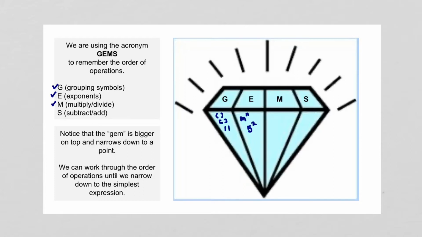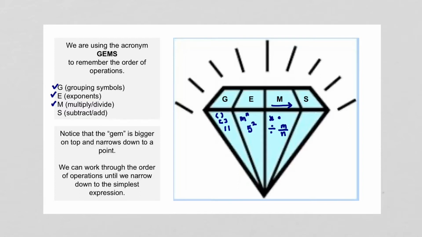Then we'll be working on multiplication and division from left to right. So multiplication might be shown by that little X or maybe a thick dot. Division, you might see something that looks like this, or you might see a ratio. You might see one number over another. That just means the top number divided by the bottom number.